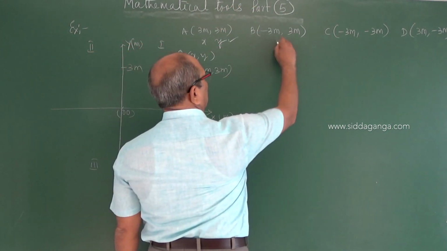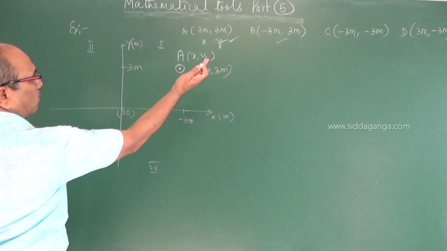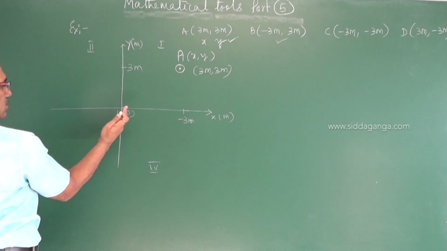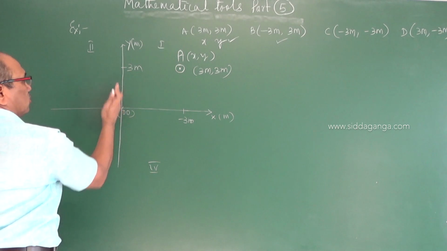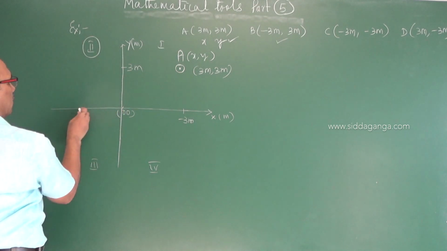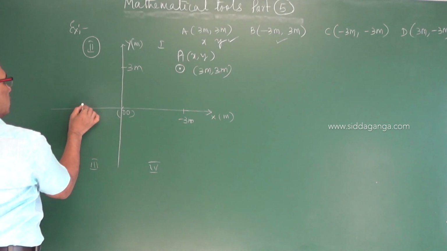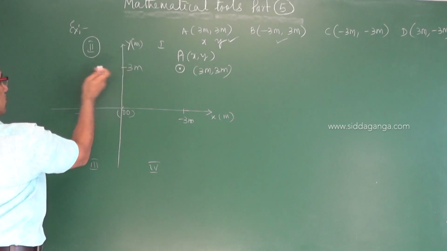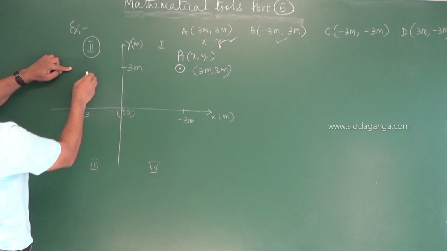Let us come to the location of B, how to position B. So it is minus 3, 3. Minus 3 means we have to go to the second quadrant, where y is positive. Then if you move vertically, you will get 3 meter y component. If you move horizontally, minus 3 meter.